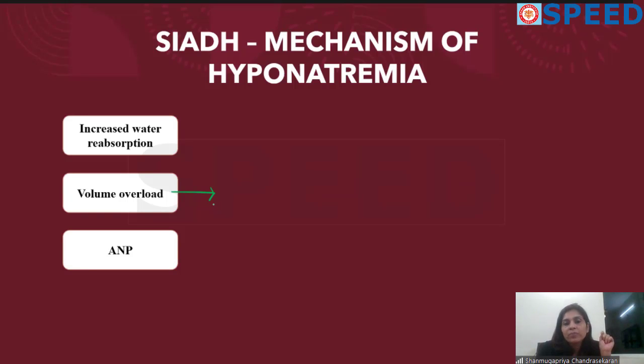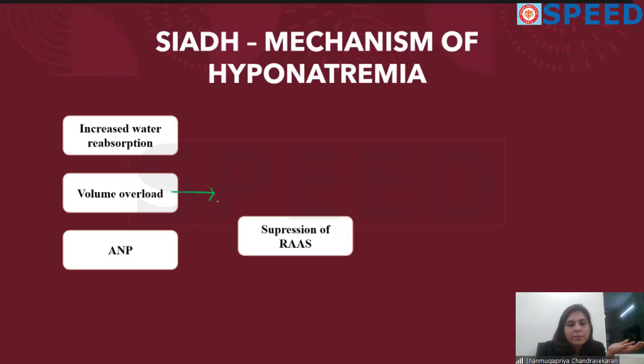Afferent arteriolar pressure is increased. So JG apparatus is suppressed. Right? So what happens to renin-angiotensin system? It is suppressed. So atrial natriuretic peptide causes natriuresis. Suppression of renin system also causes natriuresis.